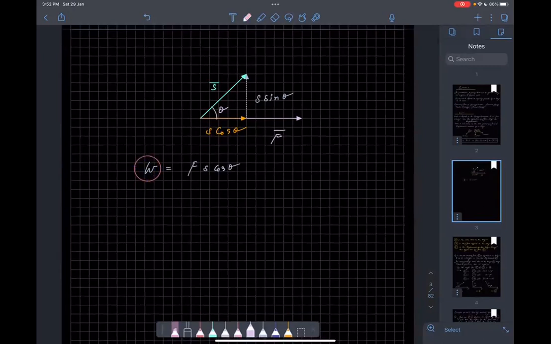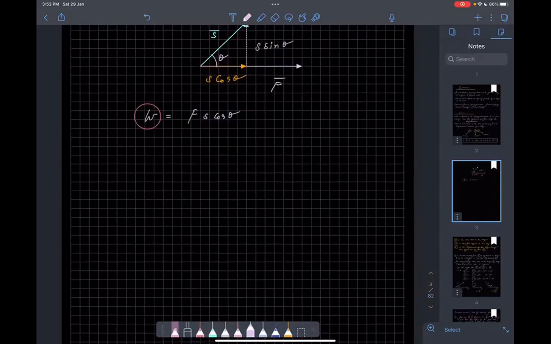Now, if you want to take the dot product of any two vectors, A bar dot B bar, then it is given by magnitude of A bar into magnitude of B bar into cos of the angle between them.